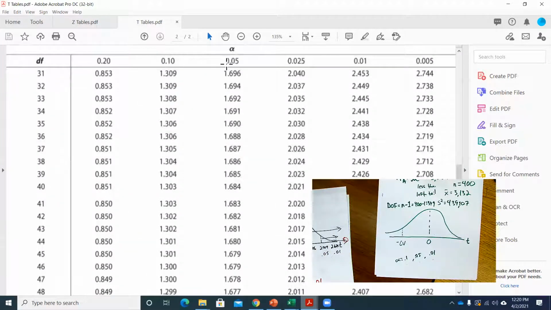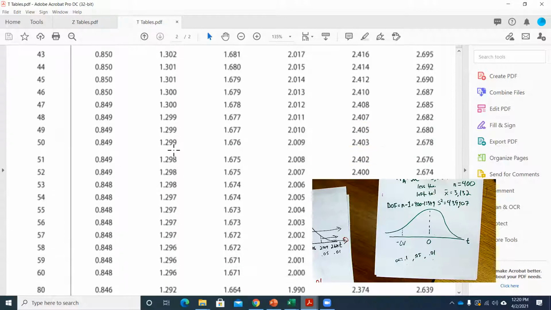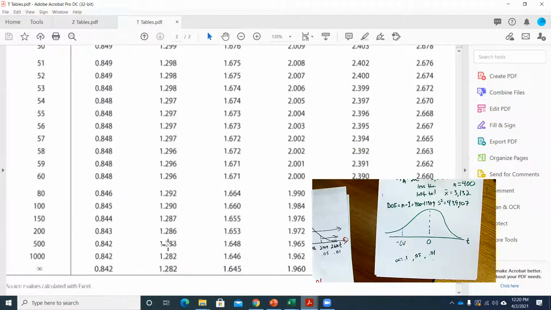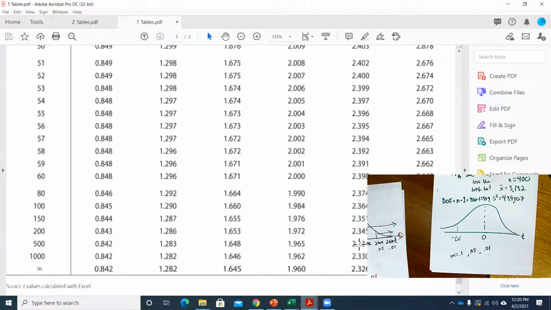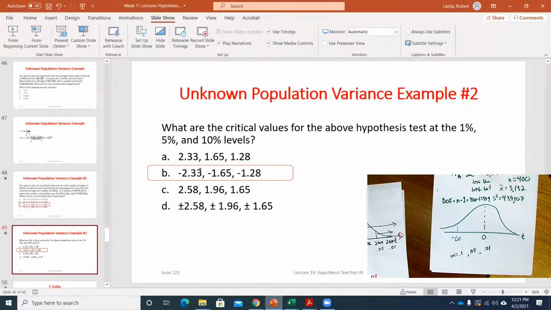We'll be using these three columns, and those are the areas we want in the tail. We're going to get as close as we can to the degrees of freedom. So 1.283, 1.648, and then 2.334, which, if we round those to the second decimal, will look the same as what we would find from the standard normal distribution.